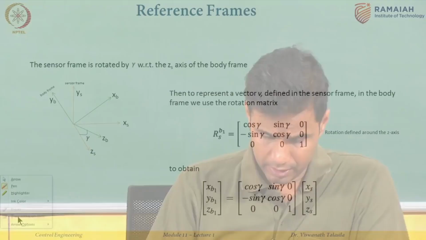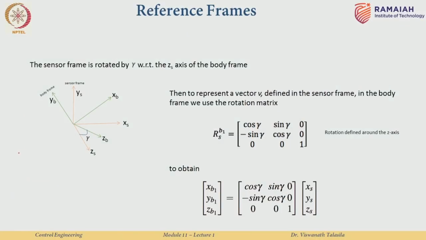The assumption I am making here is that the sensor frame and the body frame have the same origin. So we have this origin over here, the 2 reference frames. Because we have three possible angular displacements between the two reference frames, we are going to consider each angular displacement independently.